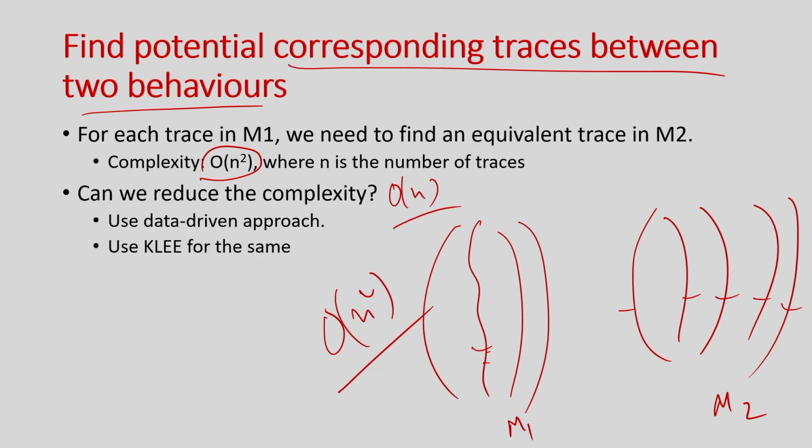Yes. We can do that using a technique called a data driven approach. The idea is very simple. You take a trace here, and you identify an input for which this trace will execute. Now, you apply the same input to this program.